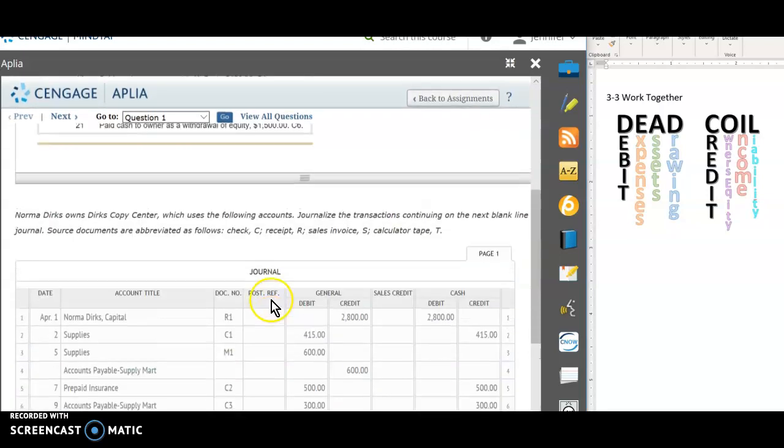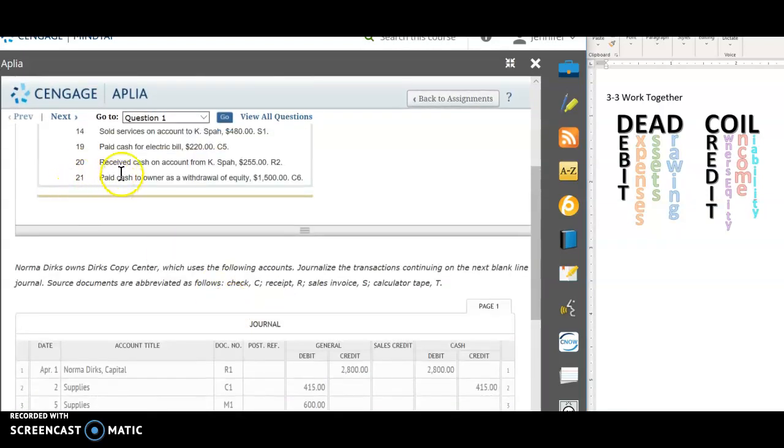All right, one more transaction. On the 21st, we paid cash to the owner as a withdrawal of equity, $1,500. So paying cash, cash is going down. Cash is an asset. The normal balance side, the one that increases, is the debit. So when we pay cash, it's going to be a credit. Okay. Withdrawal of equity.